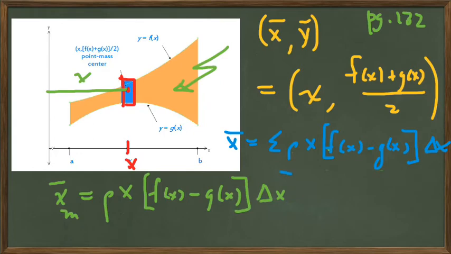And the weight is going to be everything that we have in the numerator without the x, right? So the rho is still there, and it's still f of x minus g of x times the thickness delta x, so it's the area times the density. It's not volume times density because it's uniform thickness.